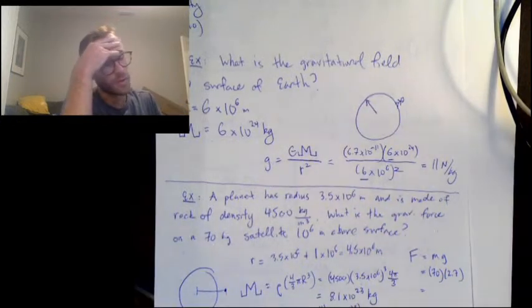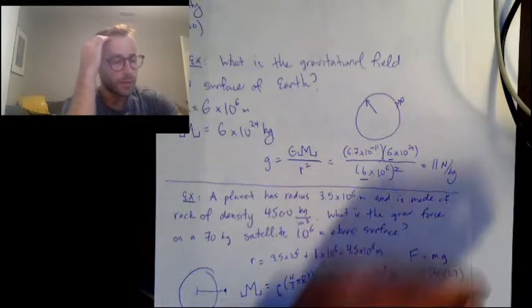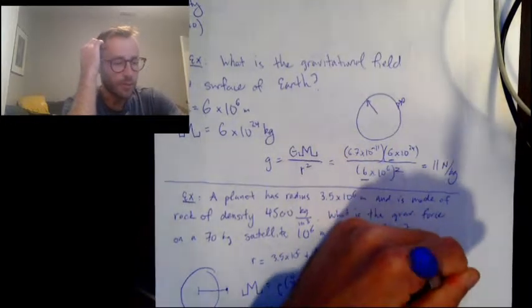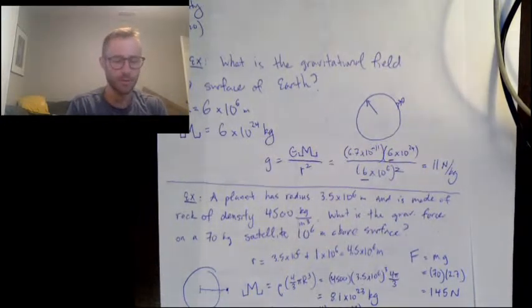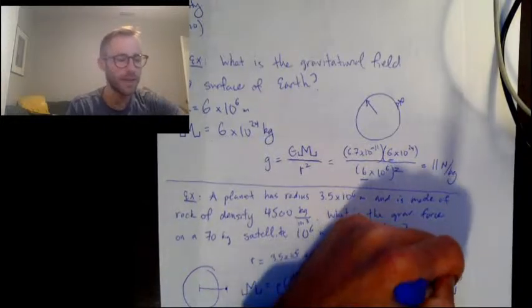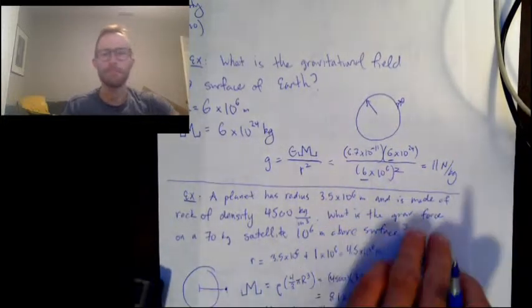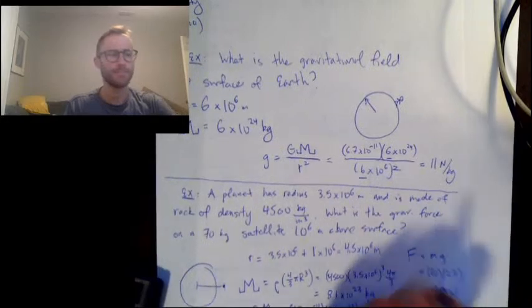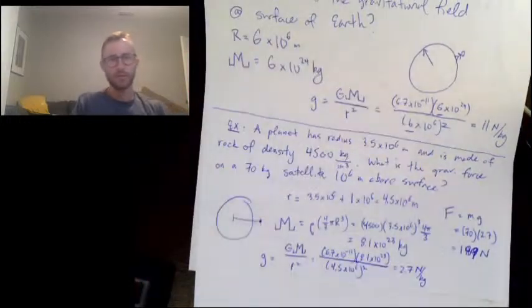So that's 140 plus 4.9, so 145 newtons or so. Let me double check that. Oh, whoops, 189. I did my mental math wrong. So that's how you calculate gravitational field.